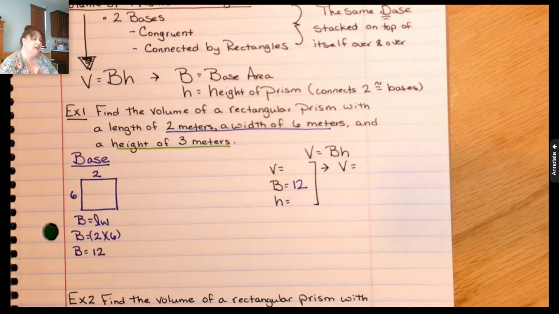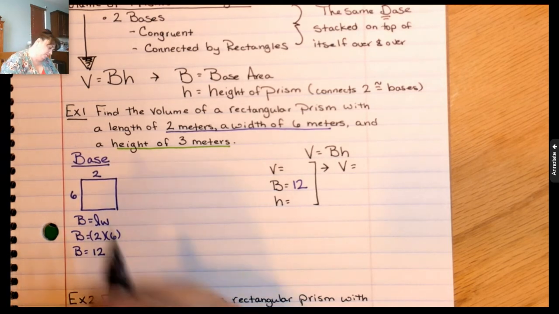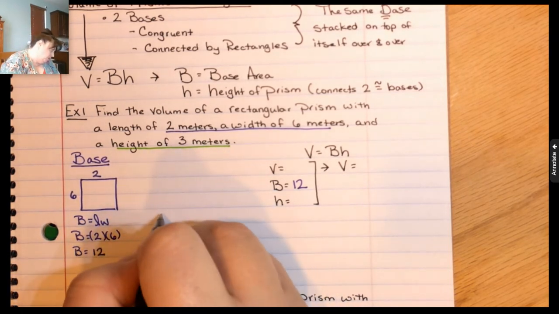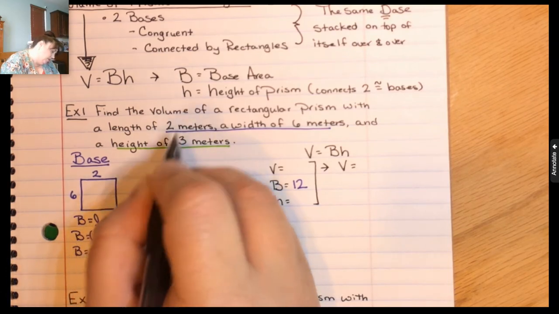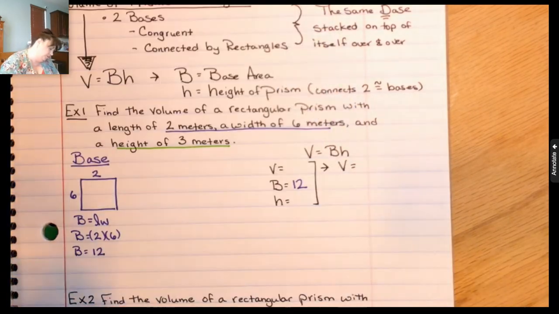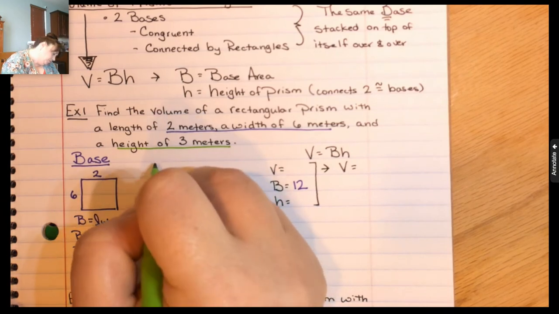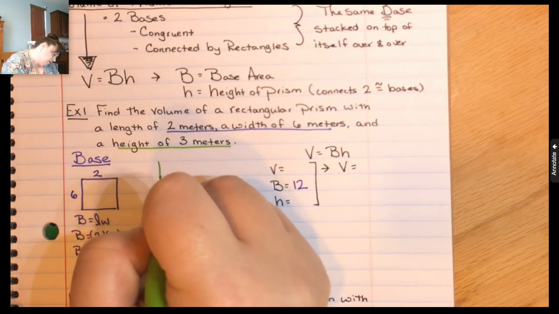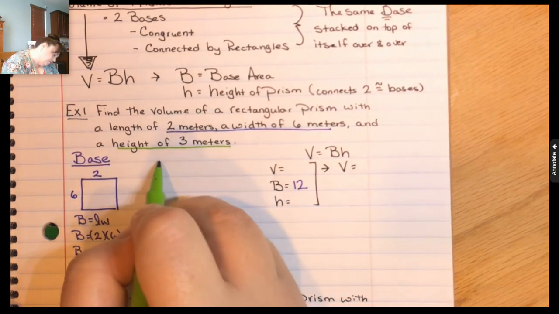Okay, so I wanted to illustrate the picture in this one. It's the only time I'm probably going to draw it out this way. So we knew that this thing was 3 meters tall. So 1, 2, 3.